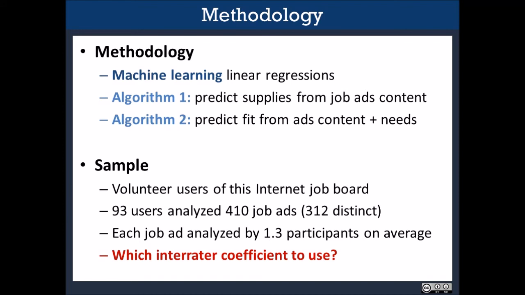So this is how I intend to do it. The methodology will be using machine learning linear regressions. So I'm not using linear regressions done in a statistical package because this is not useful for the company. Because if I use a statistical package, then the company would need to run the regressions, save the coefficients, then use these coefficients to develop this algorithm that will do the matching on their website.